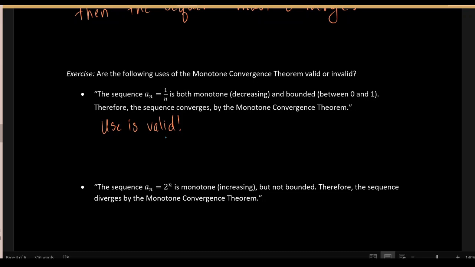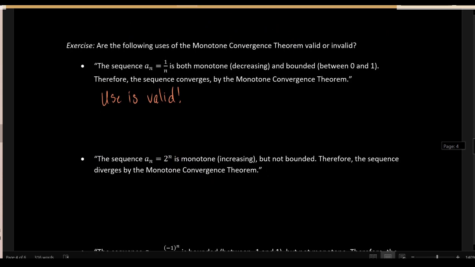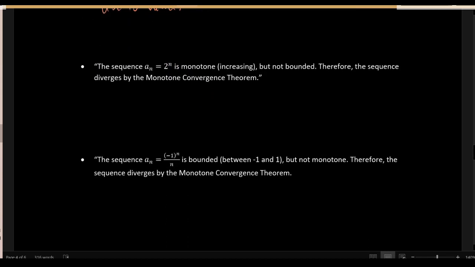As soon as both of those things were true, the MCT, the Monotone Convergence Theorem, was unlocked. And it was safe to conclude the conclusion of the Monotone Convergence Theorem, which is that the sequence converges. No problems here.